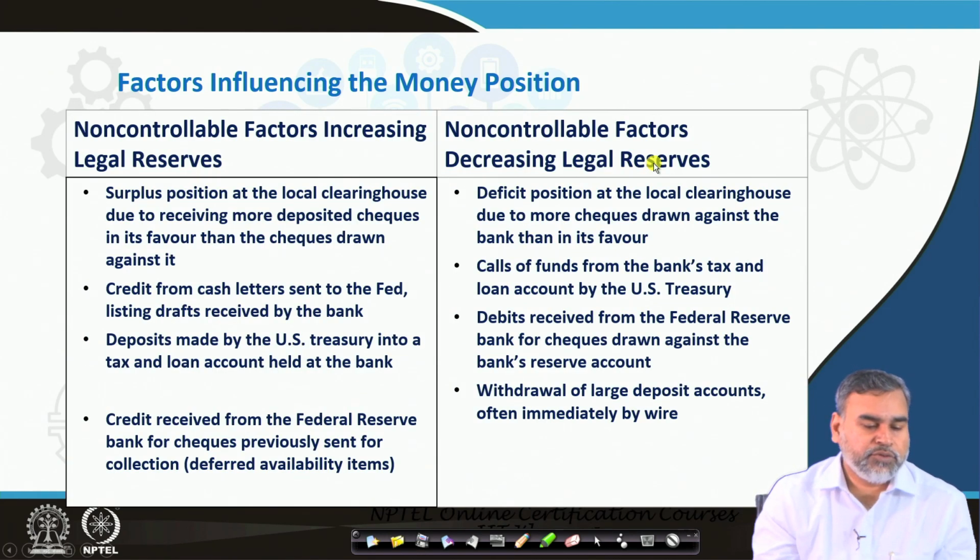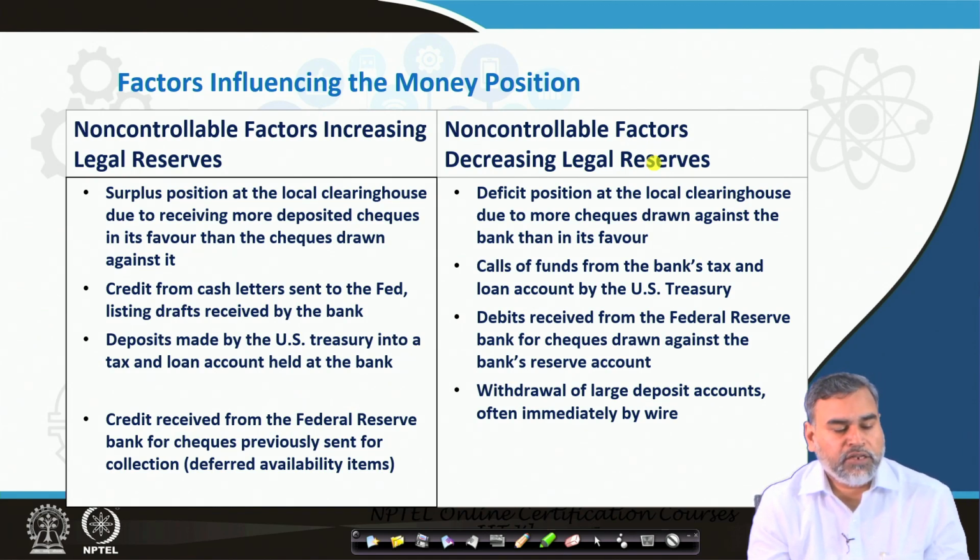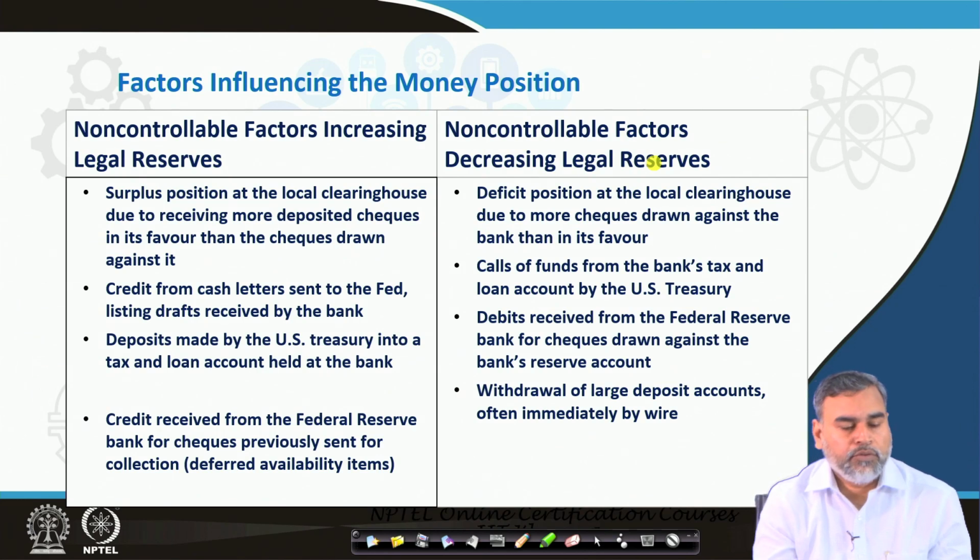Then we have some other factors which also affect the money position, like a surplus position at the local clearing house, which has a positive impact on the legal reserves.